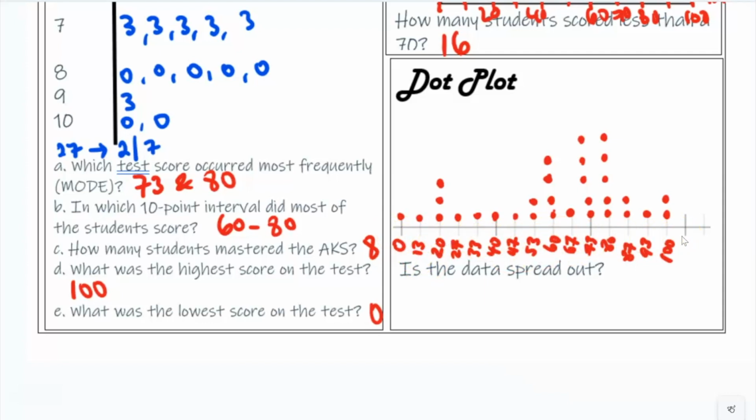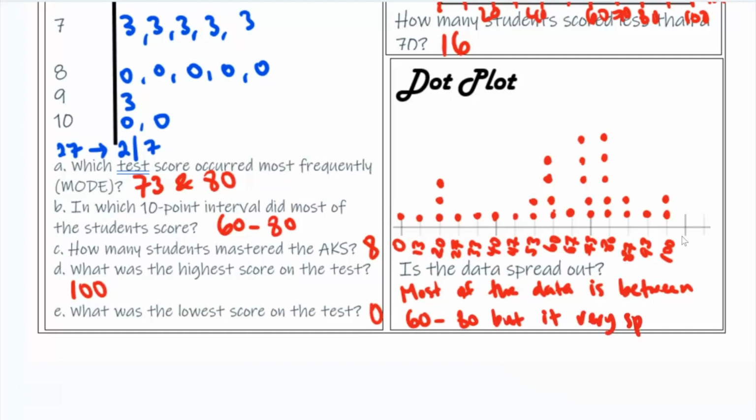Okay, so I can write that. Most of the data is between 60 to 80, but is very spread out from 0 to 100.